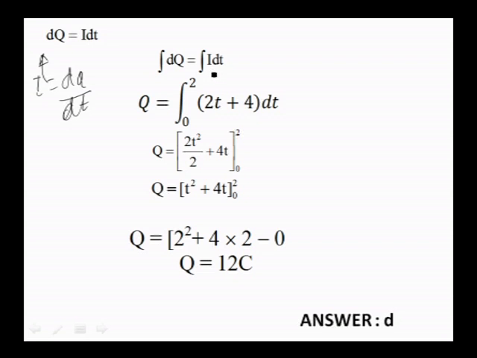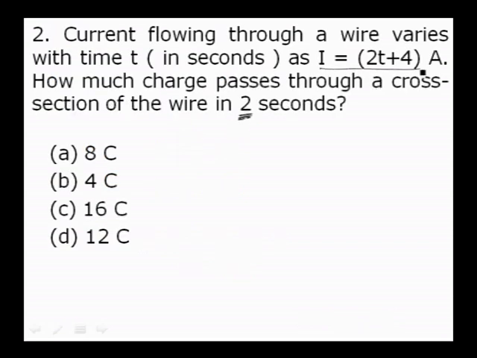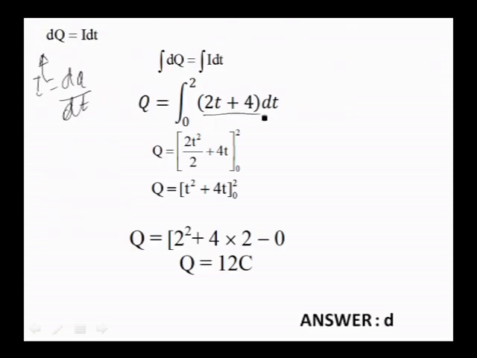The I value they were given in the problem, that is I is equal to 2t plus 4. That is I am substituting, into dt. Now, integration of 2t, that is 2t square divided by 2. Integration of 4 is 4t, upper limit is 2, lower limit is 0.